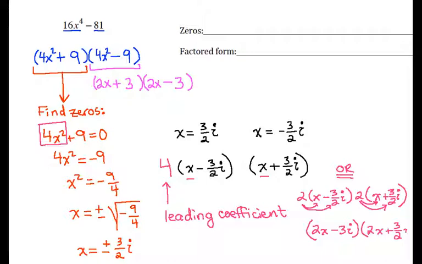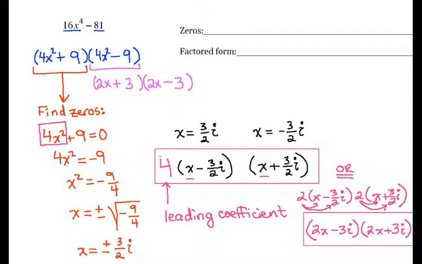Definitely 3i, because the 2 that we are distributing in cancels with the denominator in that 3/2 i. So either the 4 times this whole thing, or with that 2 distributed into each of these factors, either of these is a perfectly acceptable way to write these factors, but we do need to write our full factored form with both the imaginary factors.